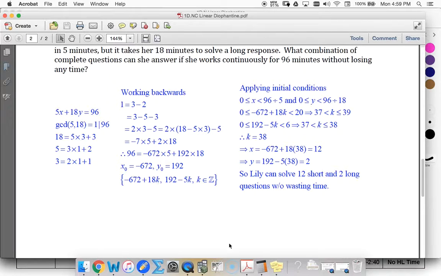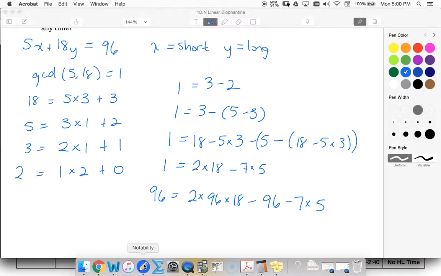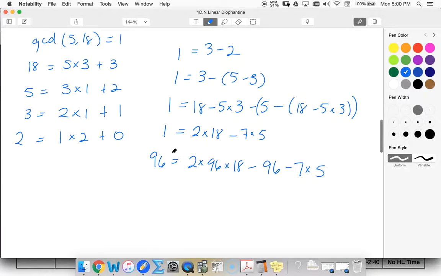So here, let's come back. By multiplying by 96, I got a specific solution. Then we can take that and put it into our particular solutions. So let me come back over here. Now we've got a particular x and a particular y.